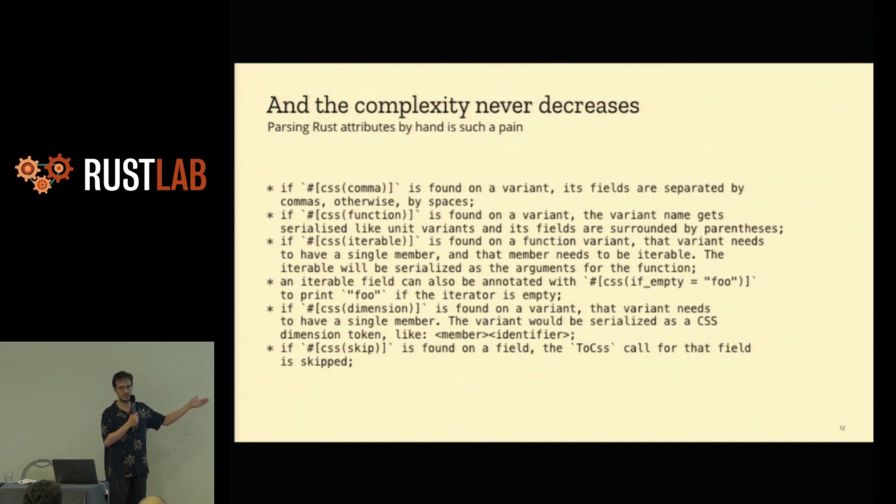Sometimes it's a dimension. Dimension is a fancy word that the CSS spec uses to describe units, like 3px is a dimension value. And sometimes you just skip it because the value is here for bookkeeping reasons in Servo and it's not related to the actual CSS spec.